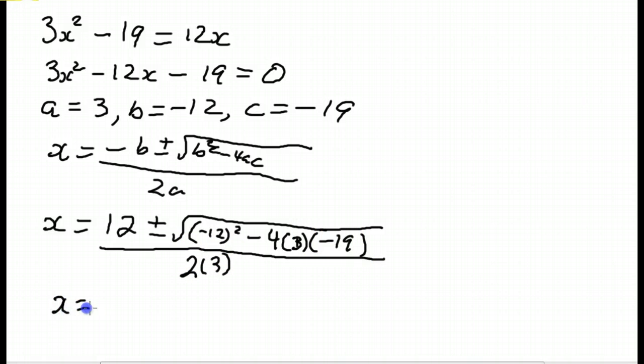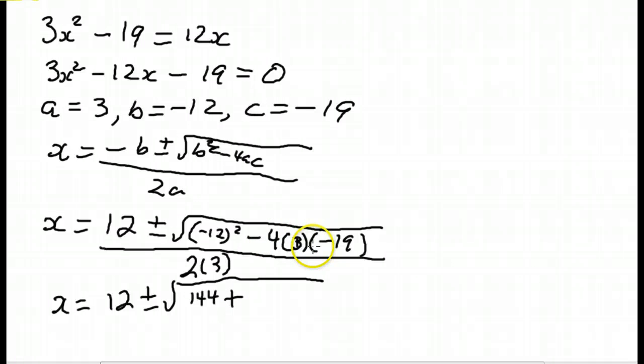Okay, let's work this. So 12 plus or minus the square root, this will be positive 144. Now you notice it's minus, and this will all be a negative, so that's going to be plus, and we need 4 times 3 times 19, which is 228, all over 6.